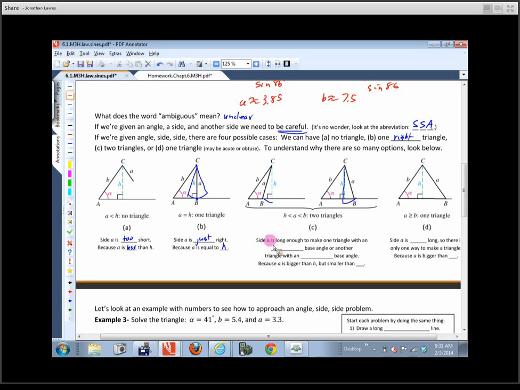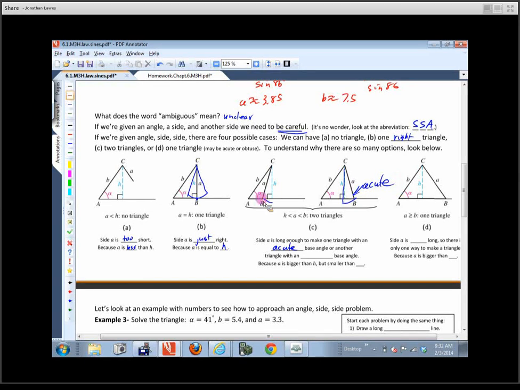So A is long enough to make one triangle with an acute base angle. Which one is this? Is it picture 1 or picture 2? This right here is acute. It's that picture right there.